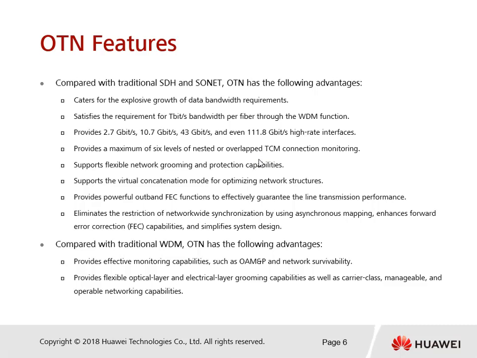And the OTN can provide a lot of high rate interfaces, like 100G and 40G. And it can provide a maximum of 6 levels of nested or overlapped TCM connection monitoring. It also supports flexible network grooming and protection capabilities. For example, we can use the ROADM, and also we have protection such as ODUk SNCP. And it also has powerful FEC functions that can guarantee the line transmission performance.